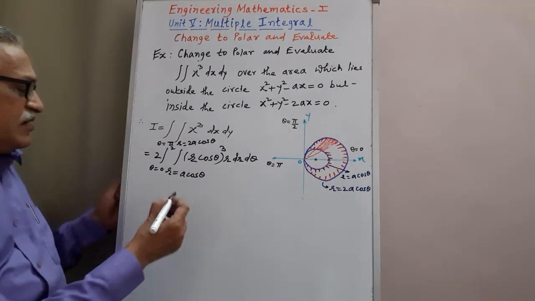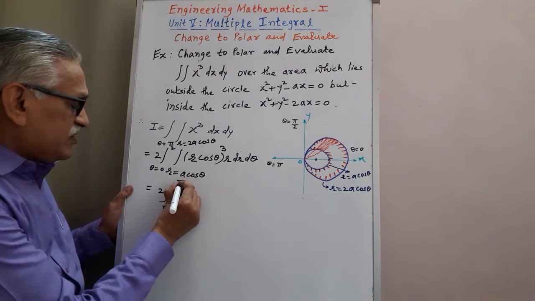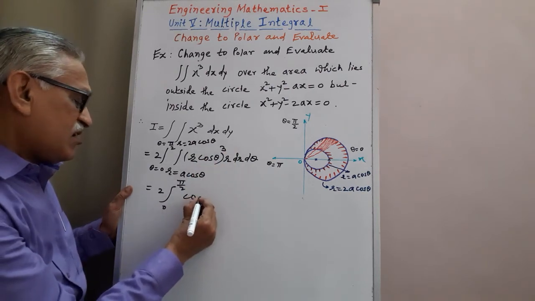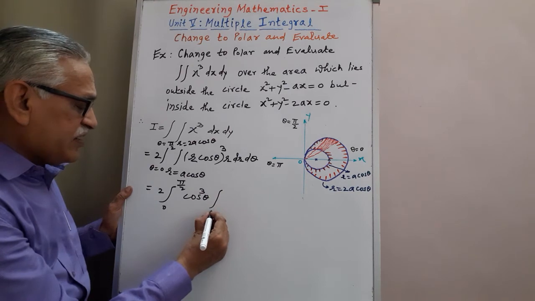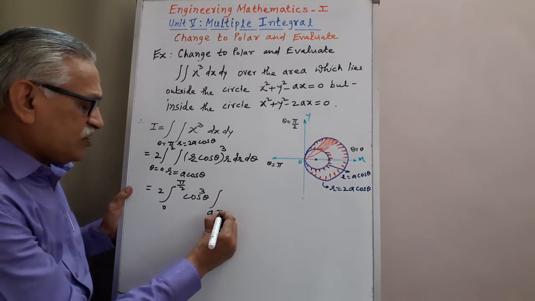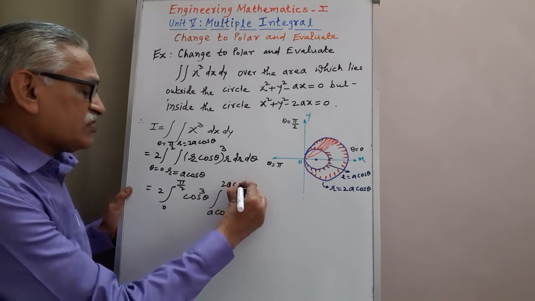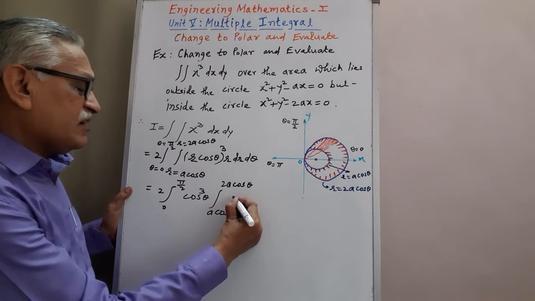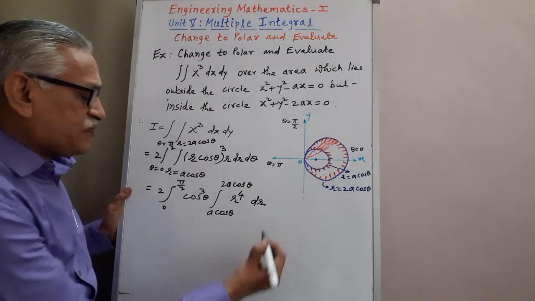And then it is 2 times integral from 0 to pi by 2, cos cube theta outside the inner integral, integration from a cos theta to 2a cos theta, r cube and this r becomes r raised to 4, and its integration with respect to r.